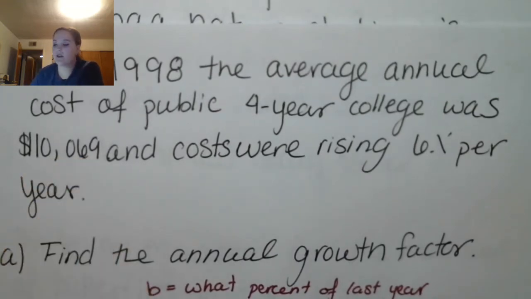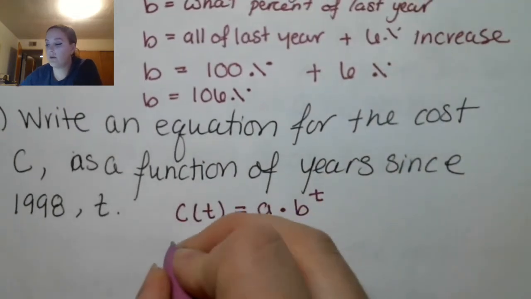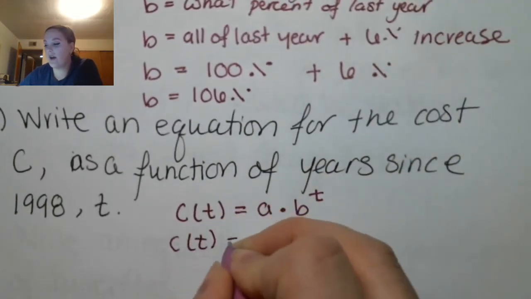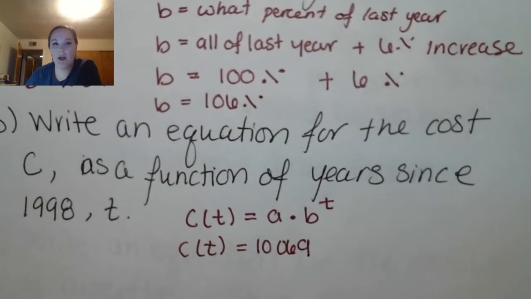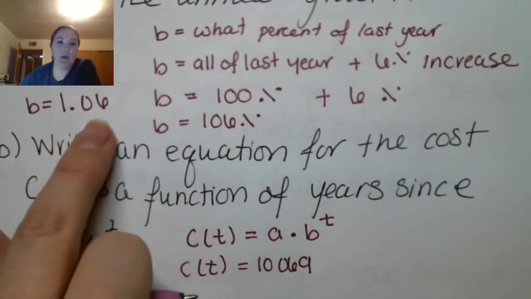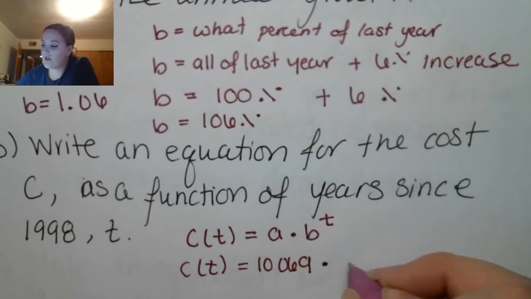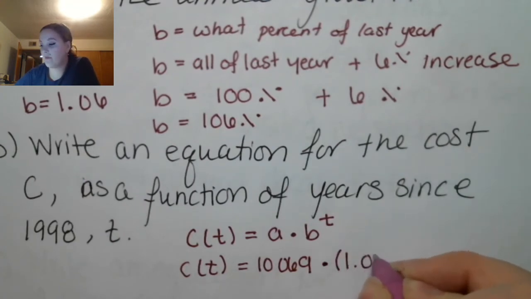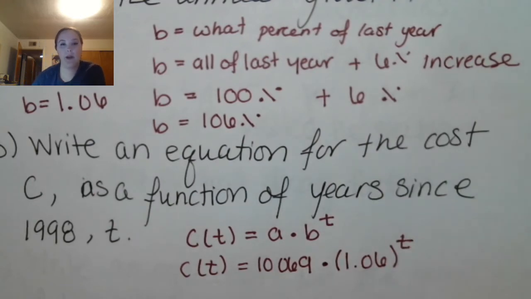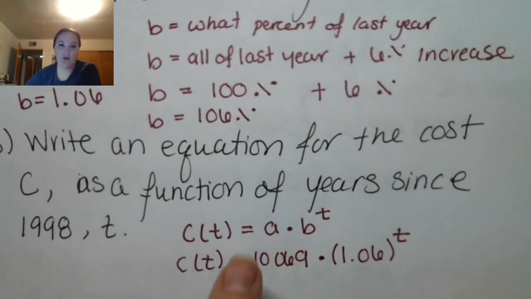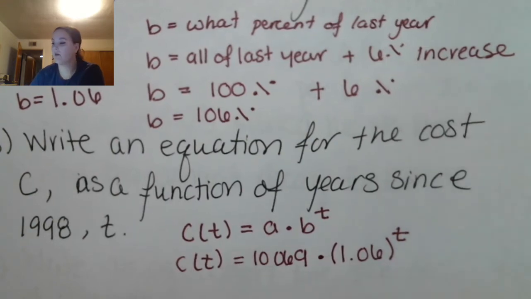Well, it's 10,069, so our A value is 10,069. And from part A, we know that b is 1.06. That's all there is to writing the equation. Once you know the general form, you just need to fill in the initial amount and the growth rate.